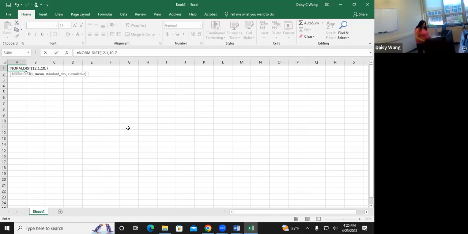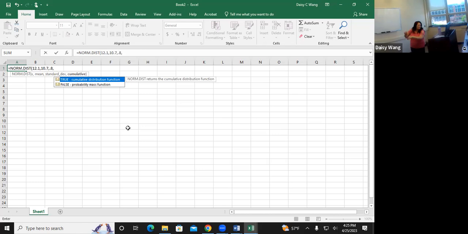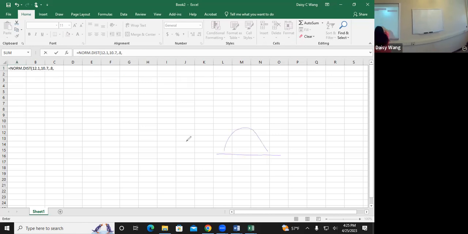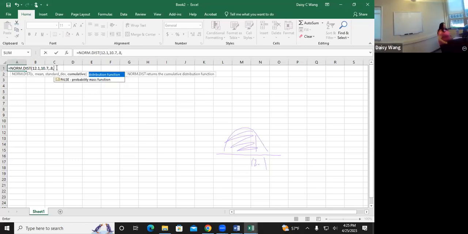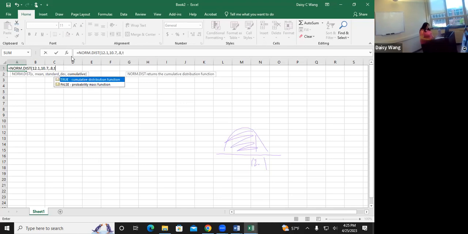And then the standard deviation is 0.8, right? And we want it to be cumulative because we want the whole area, like I drew, from 11 to 12.1. We want the whole area. So we put in true.